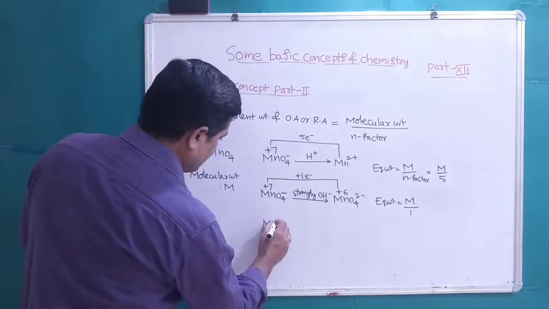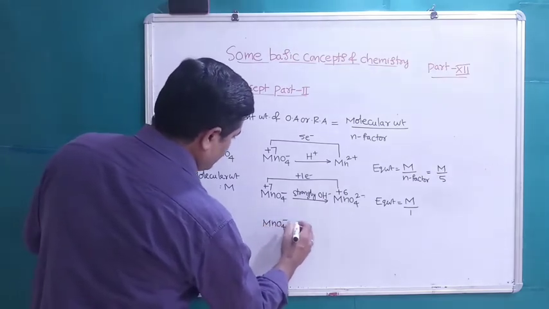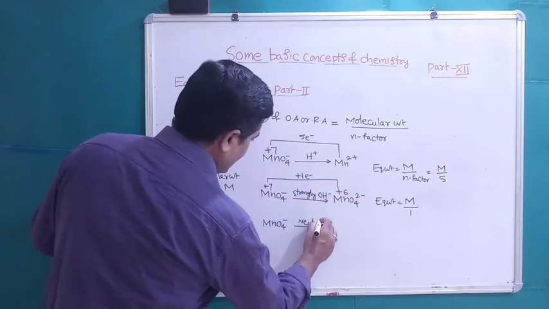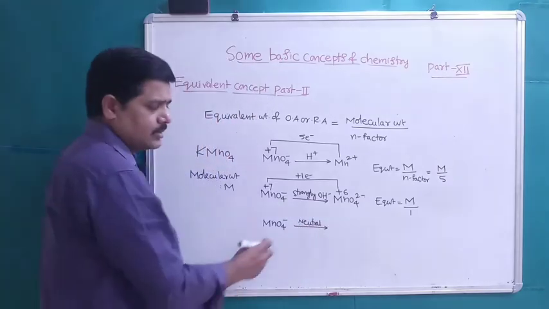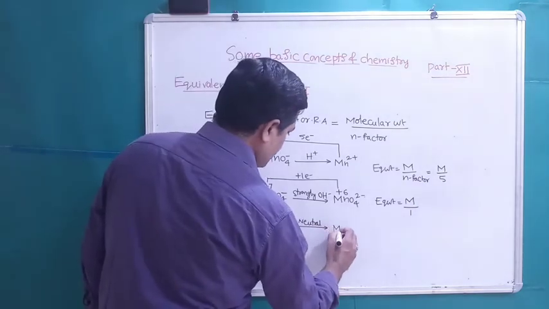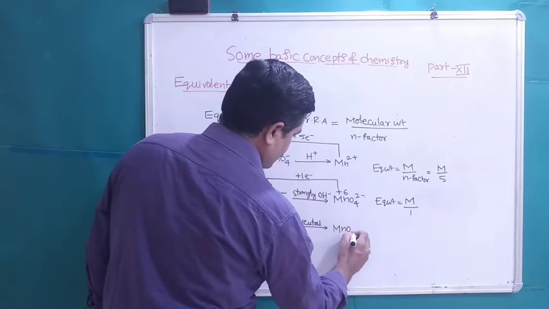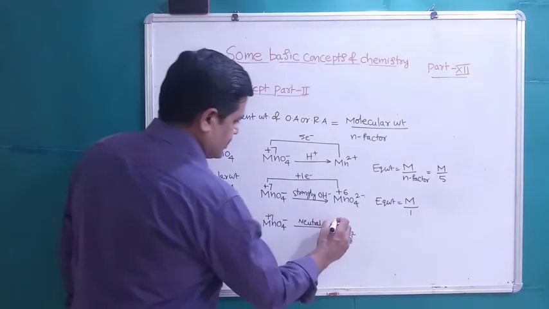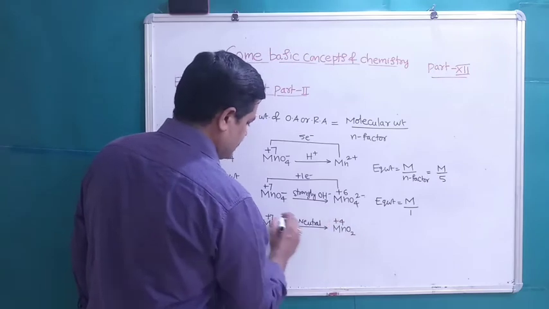In the neutral medium, or faintly alkaline medium, MnO4 minus will convert into MnO2. So +7 is converting into the +4 oxidation state.